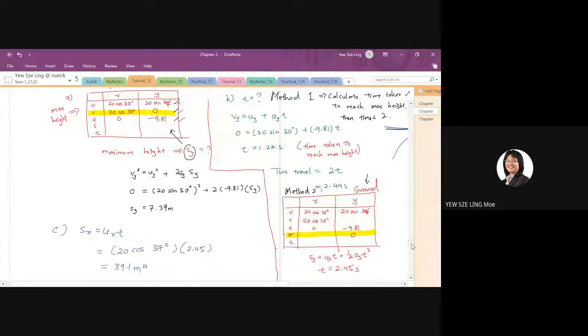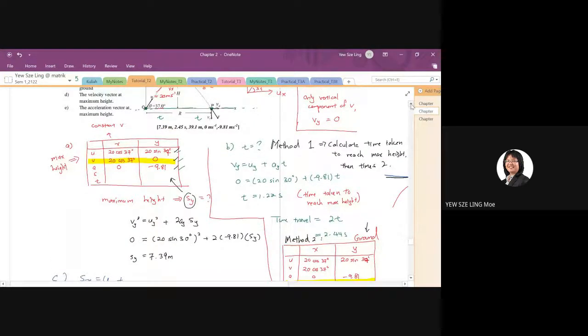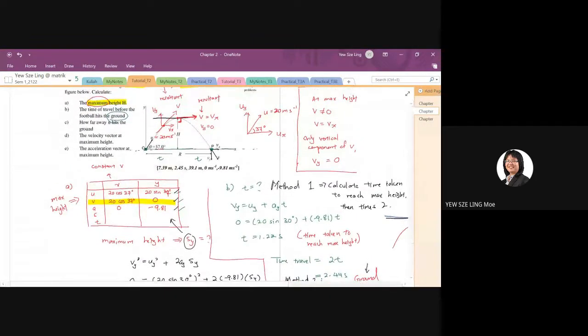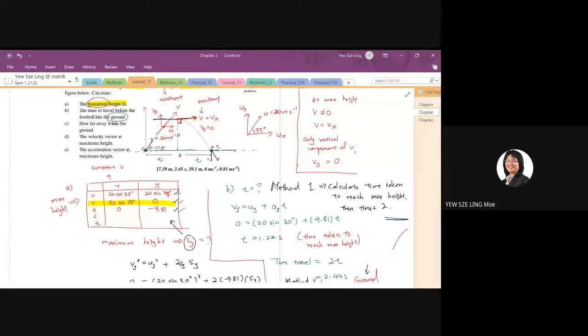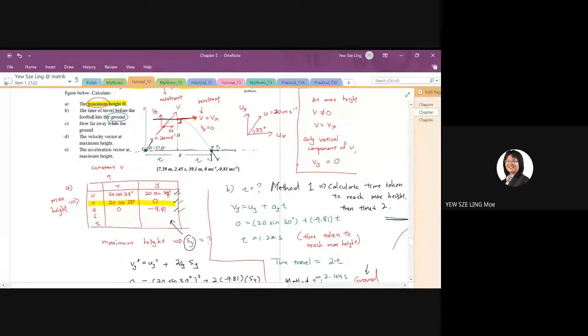Questions D and E want to test your concept actually. What is the velocity vector at maximum height? That is the thing I explained to you just now. Velocity vector means it's asking for Vx and Vy.